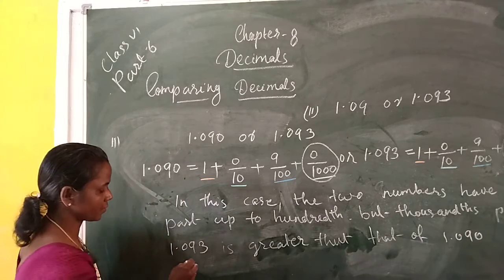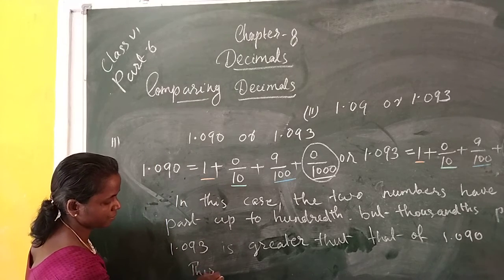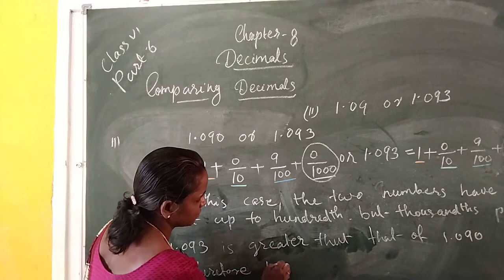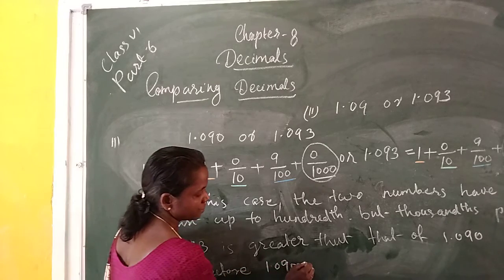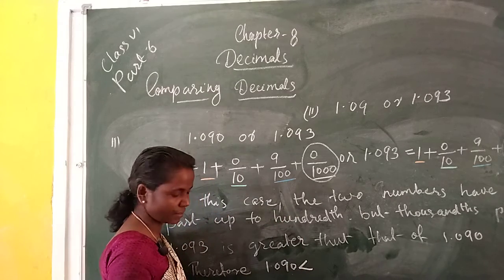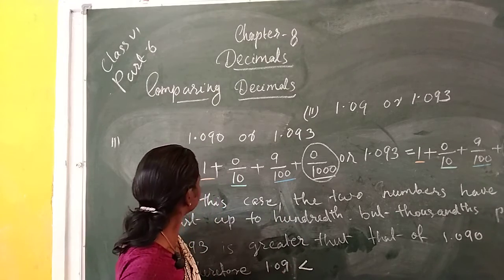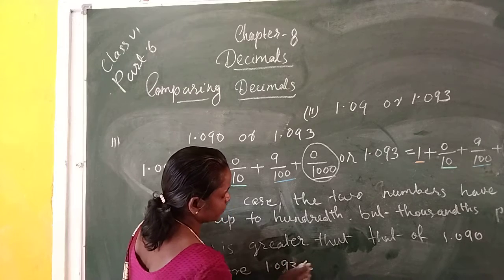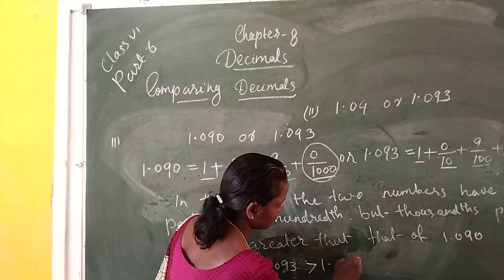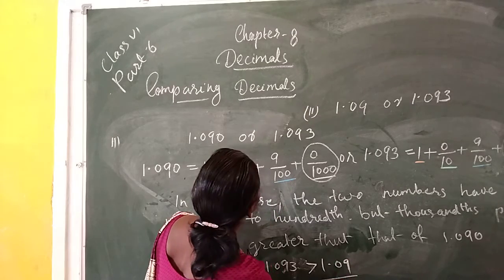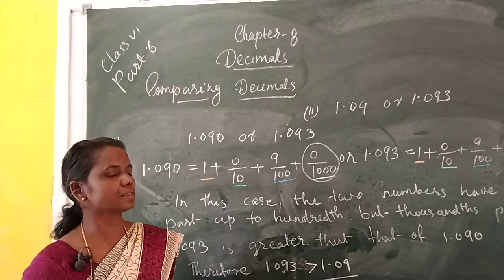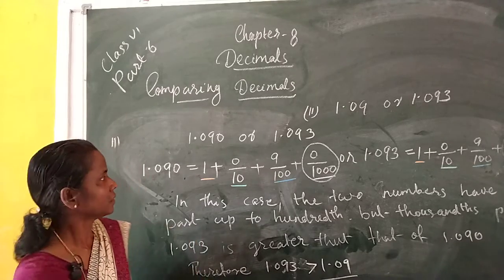Then we can write, therefore, 1.093 is greater than 1.09. Is it clear?